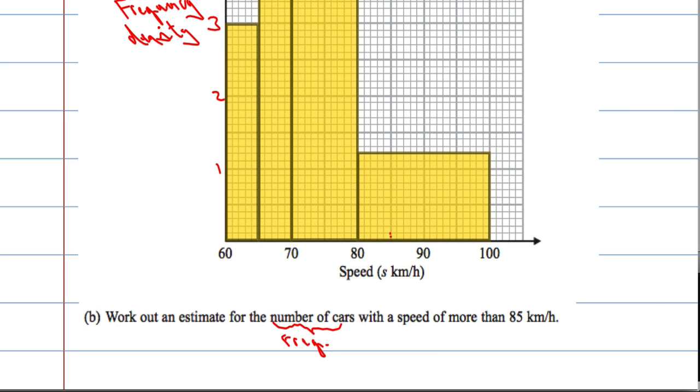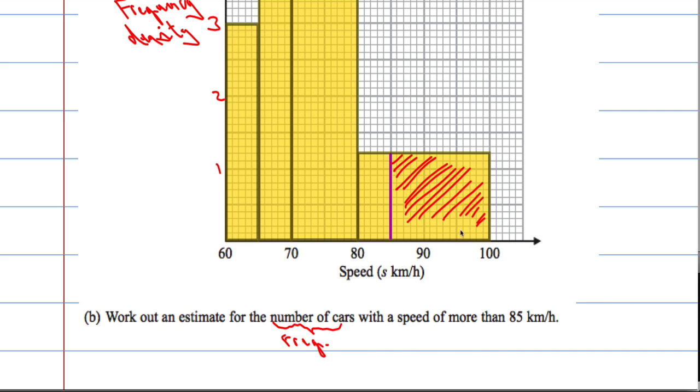So 85 is right here. Speed of 85, and people with more than 85 are here. So, how many people reside in that box?